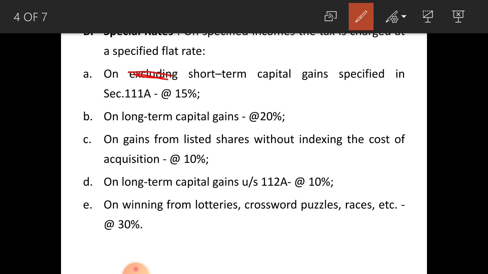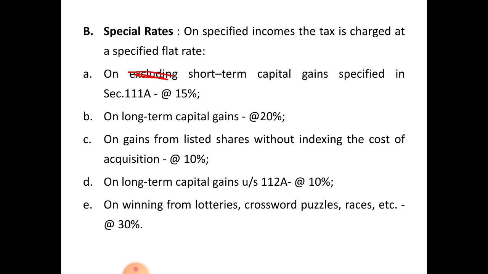On winnings from lotteries, crossword puzzles, races, etc. at 30%. Remember, if they give any information or any income relating to these categories, you have to apply these tax rates. So, carefully mention these points. Except these incomes, for all other incomes, you have to apply the general rates of tax for calculation of tax liability.